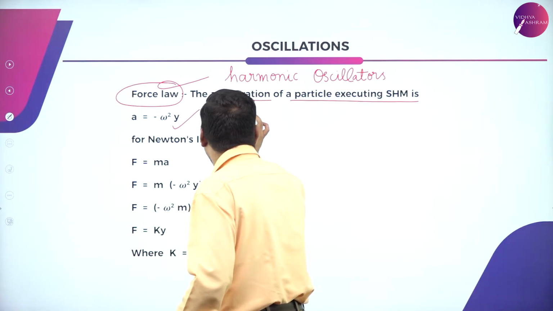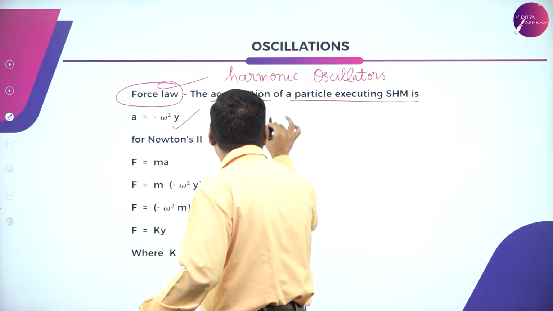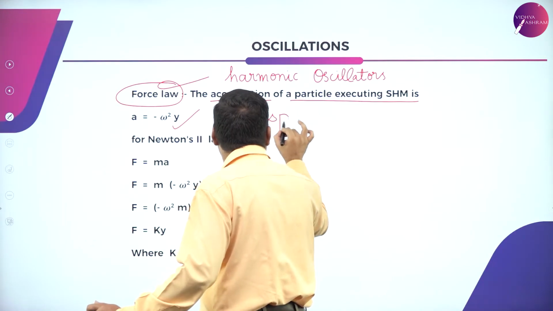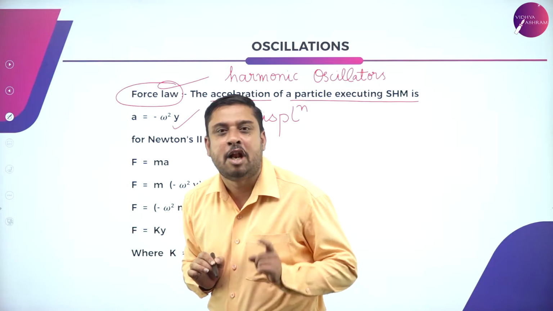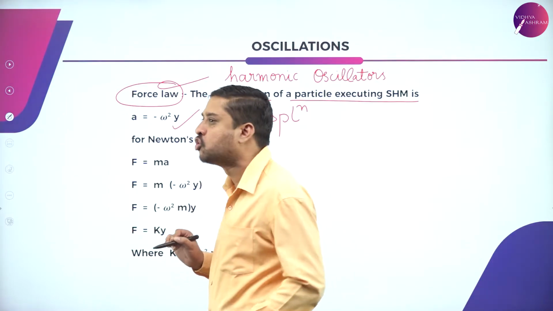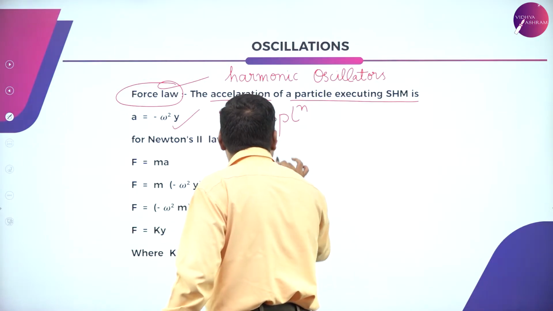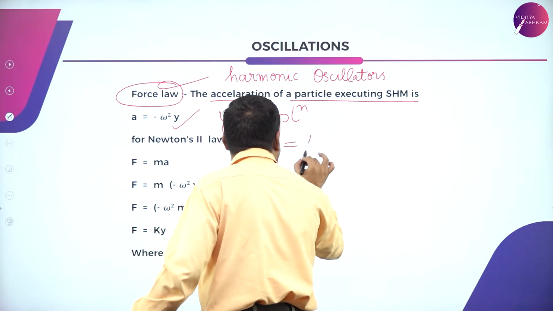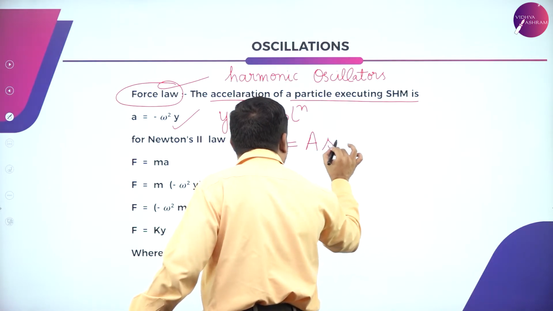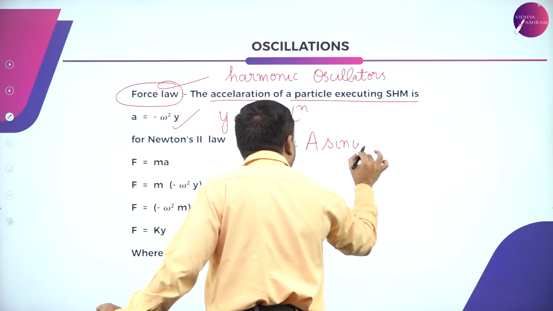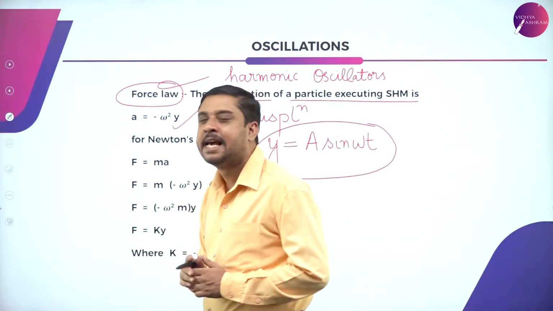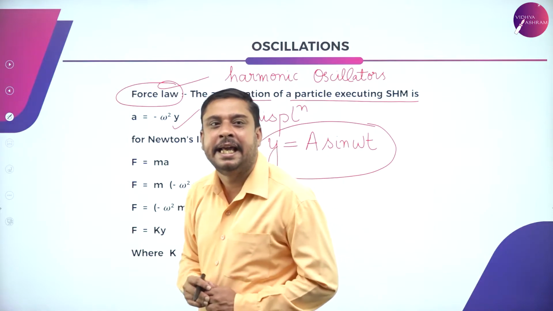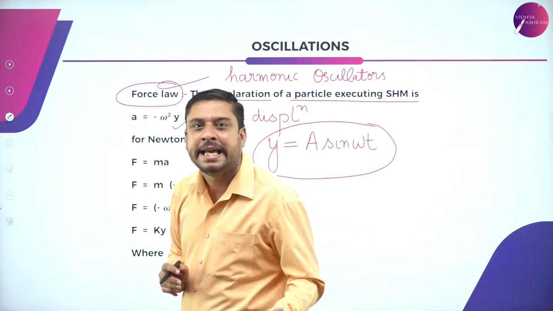Where y was called the displacement of the particle from its mean position, and we derived an expression for displacement as y equals a sin omega t.